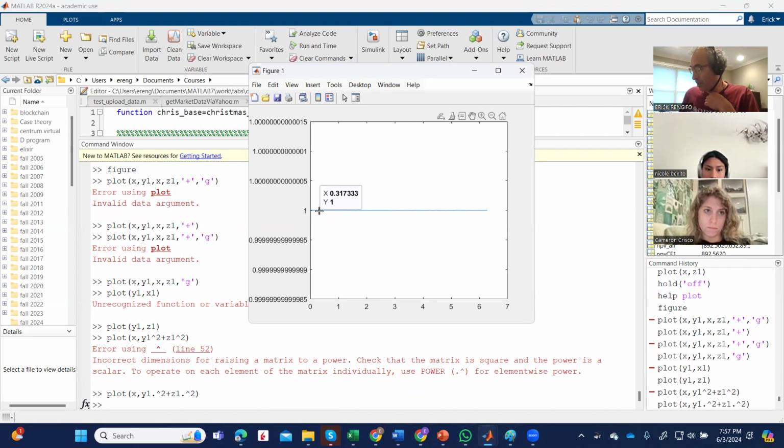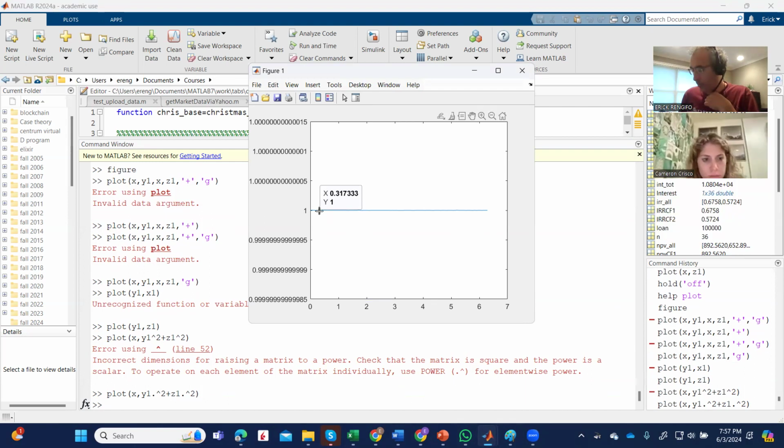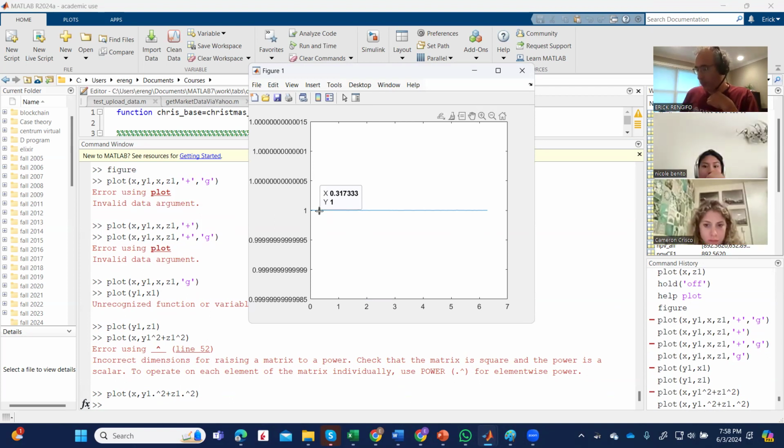Sine squared, cosine squared. Make sense to you guys? Okay, so now let's do the other plot.